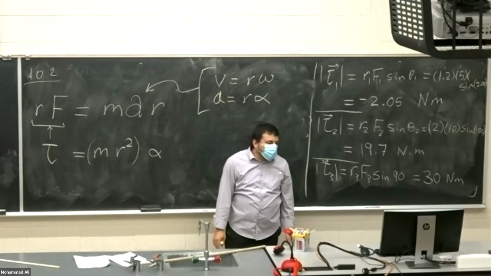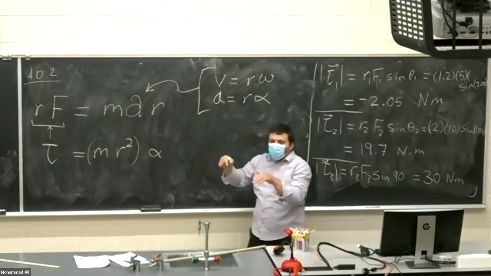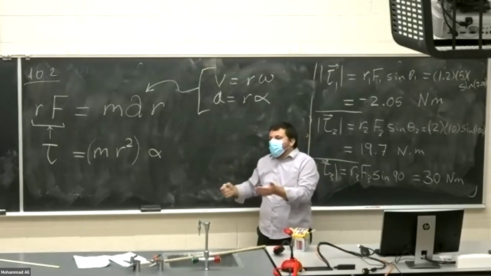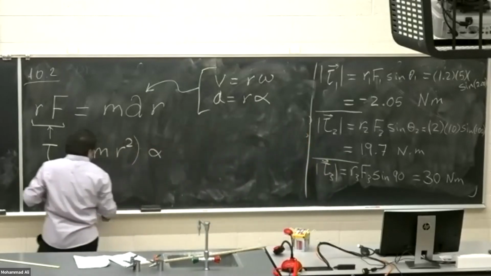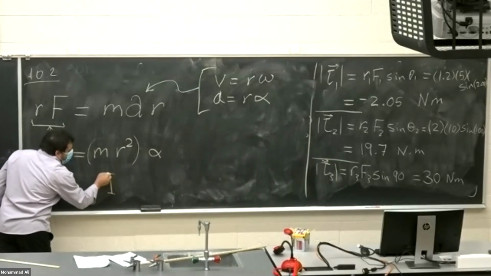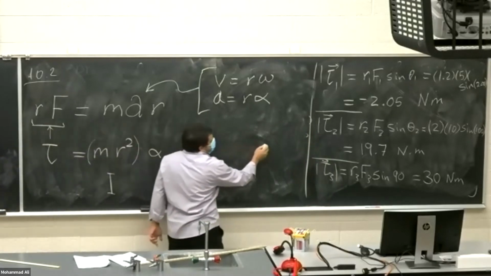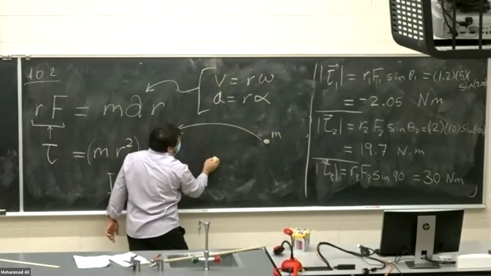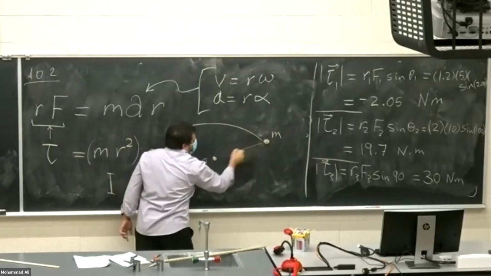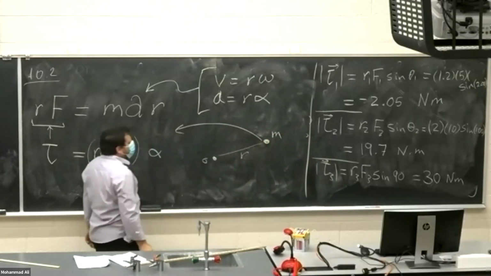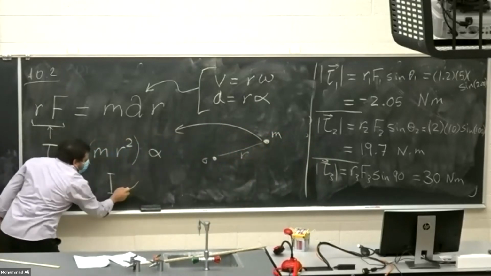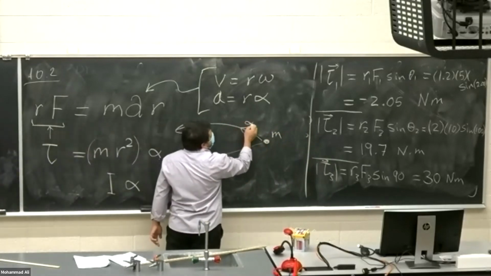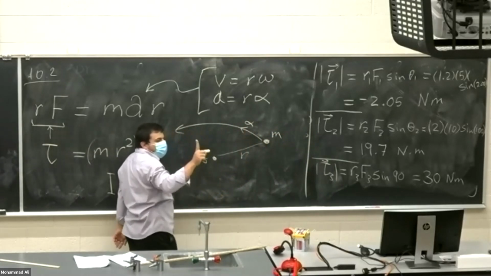R squared, as I talked about today, is the rotational effect of the mass. It is the moment of inertia. For a point mass, this is a mass rotating about a point O with a radius R. And alpha is the angular acceleration.